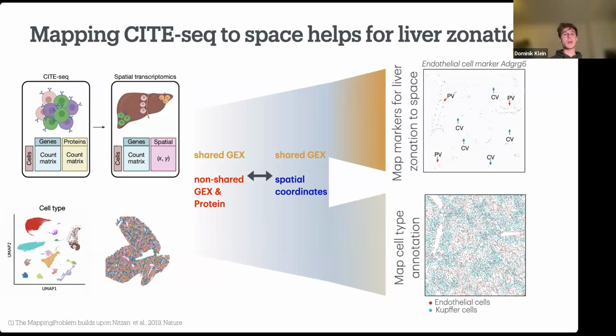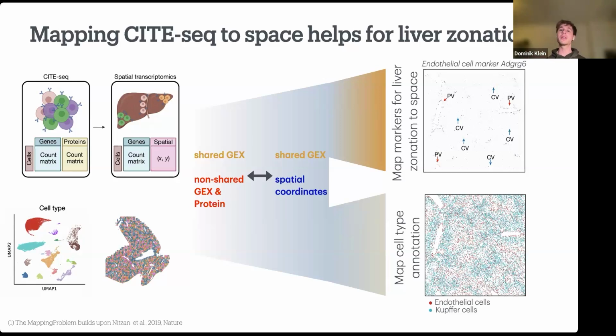Whereas we have these incomparable parts of the data, which for the CITE-seq data would be all the genes which are not captured by the gene panel in the spatial transcriptomics technology, and the proteins. On the other hand, we have the spatial coordinates in the spatial transcriptomic slides, and we now match those two cellular distributions by, once, minimizing the distances in terms of the gene expression, which we can directly compare as it lives in the same space.